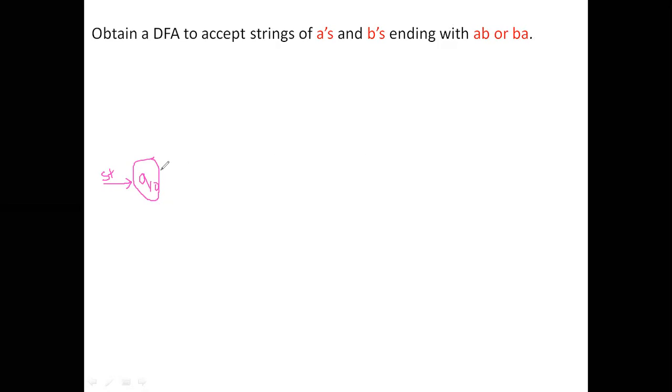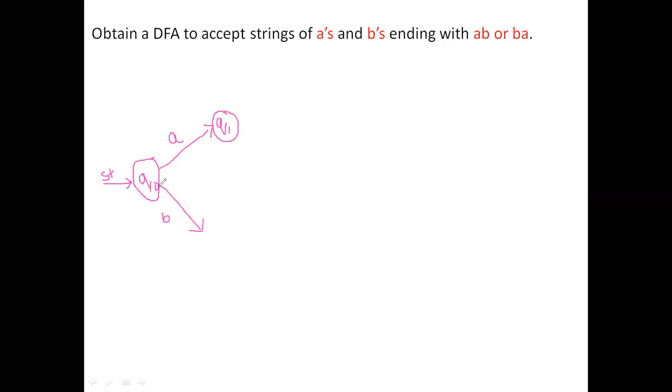Q0 on receiving A, that is the minimum string AB I'm discussing, should follow one path. If it is receiving B, it should follow another path. For B means BA, for A means AB. So now observe it carefully. This path we are designing for A and this path we are following for B. So let it be Q1.